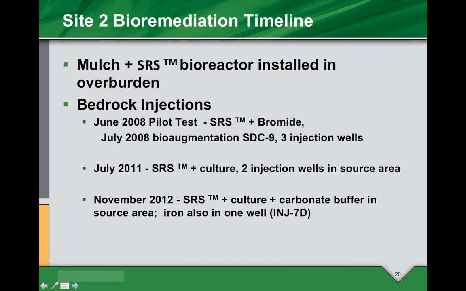Then we modified the next injection event, which occurred in November 2012, to include a carbonate buffer to help neutralize the pH, and we also evaluated the injection of iron for sulfide control into 1 injection well. Okay, next slide.